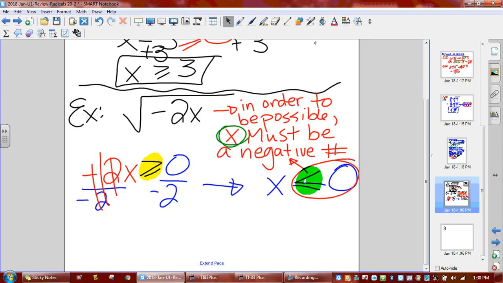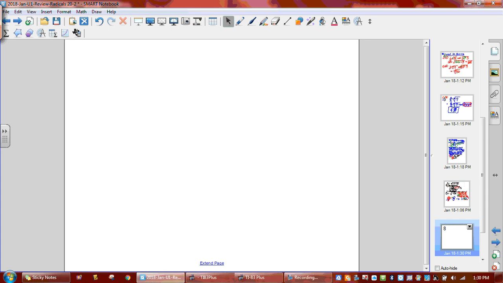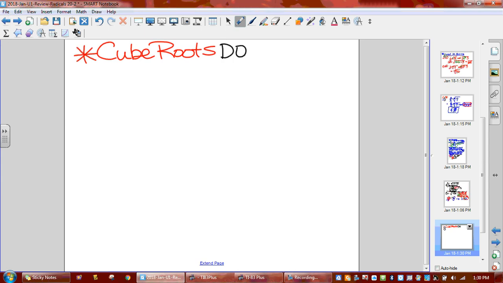So, cube roots do not have restrictions. Because the only reason we have restrictions is because we worry about that negative under the root sign. That's the only reason.